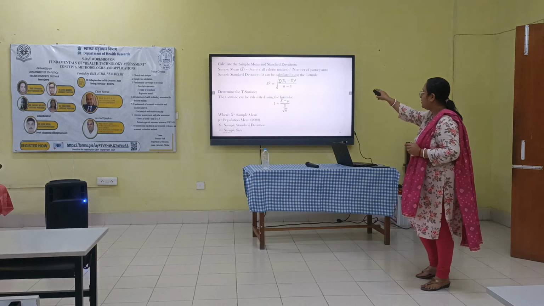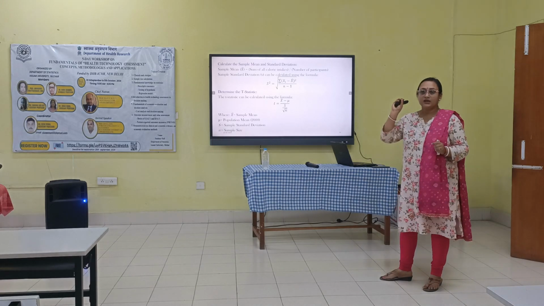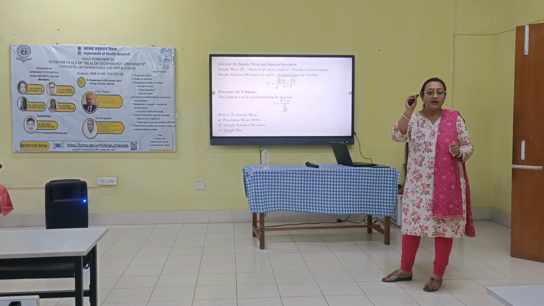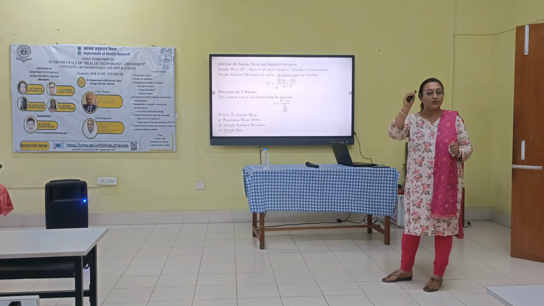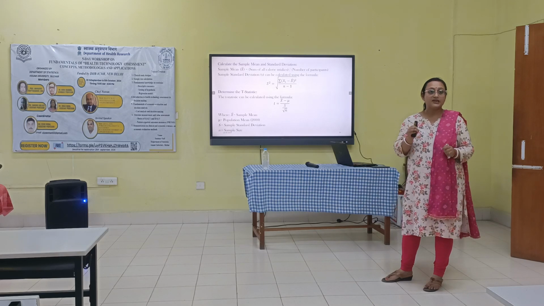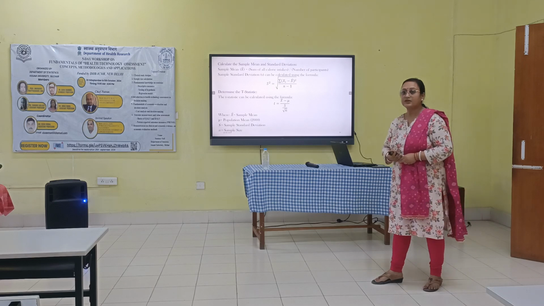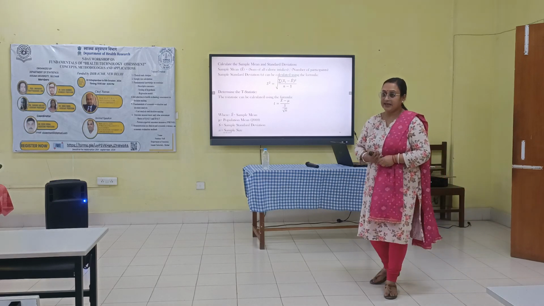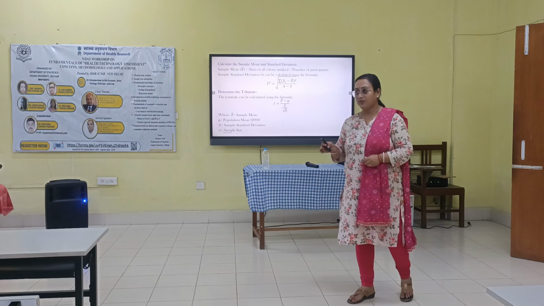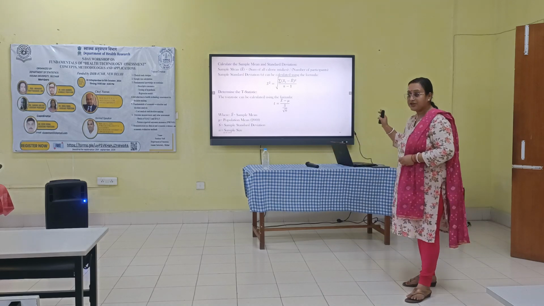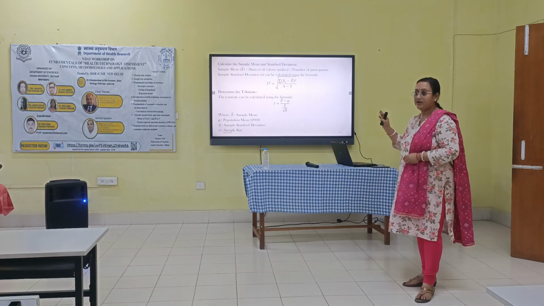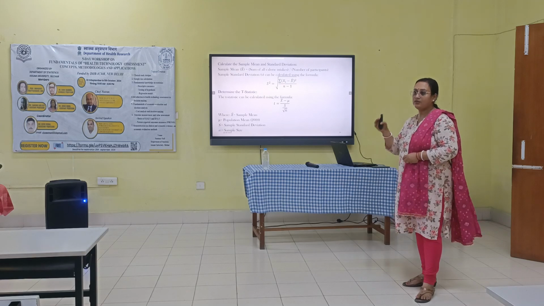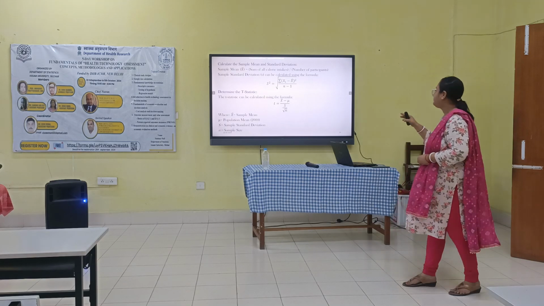You can see the word sample written everywhere, because from the sample we are drawing conclusions about the population. That is why we find the sample mean and the sample standard deviation, not the population mean and population standard deviation.